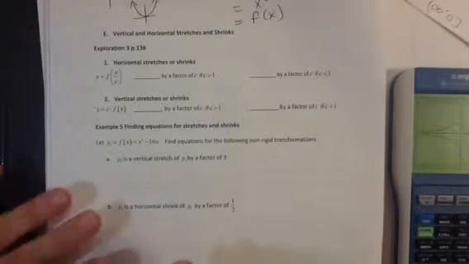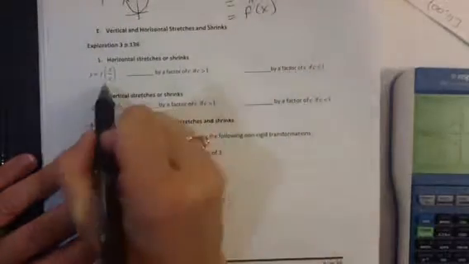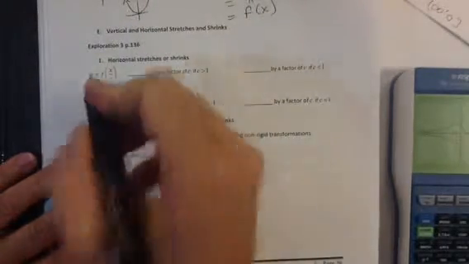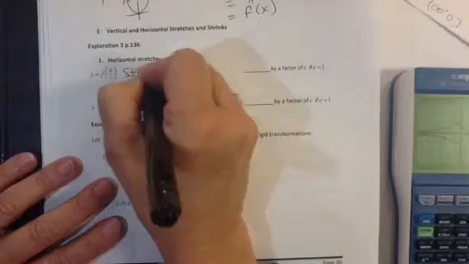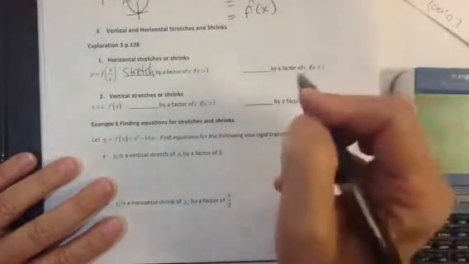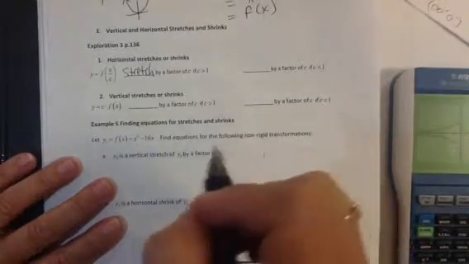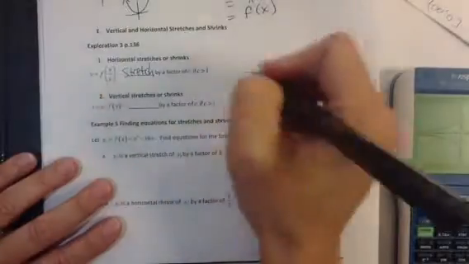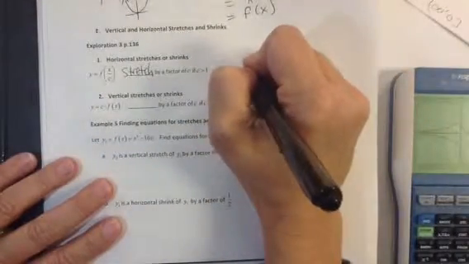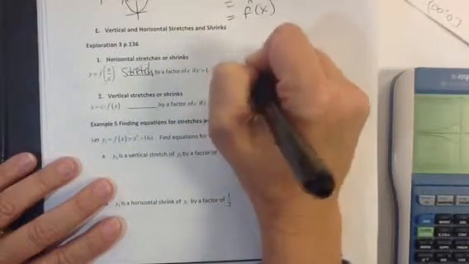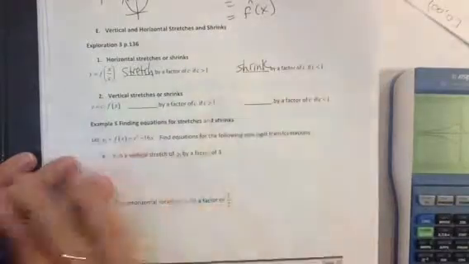And the reason that they're different is that the horizontals are the reciprocal. If c happens to be a number less than 1, it's going to be a shrink. Okay?